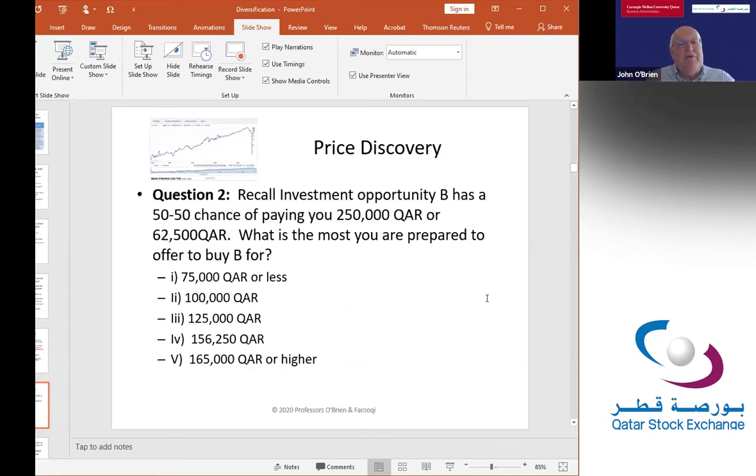Your investment B has a 50-50 chance of paying 250,000 riyals or 62,500 riyals. I'm going to put this up for sale now. I'm going to sell this investment opportunity. And there are 5 alternatives here that you can choose.